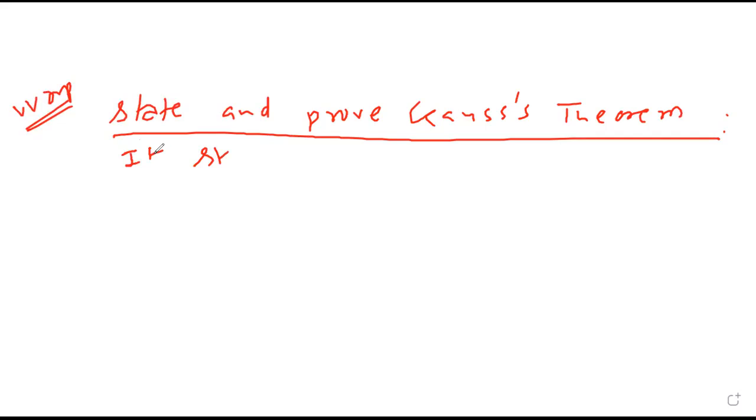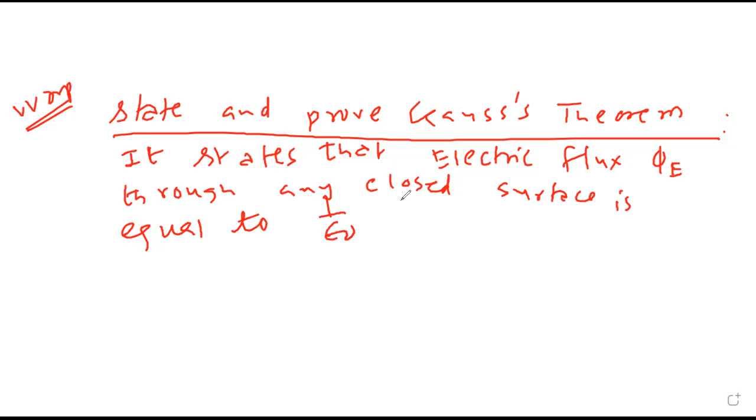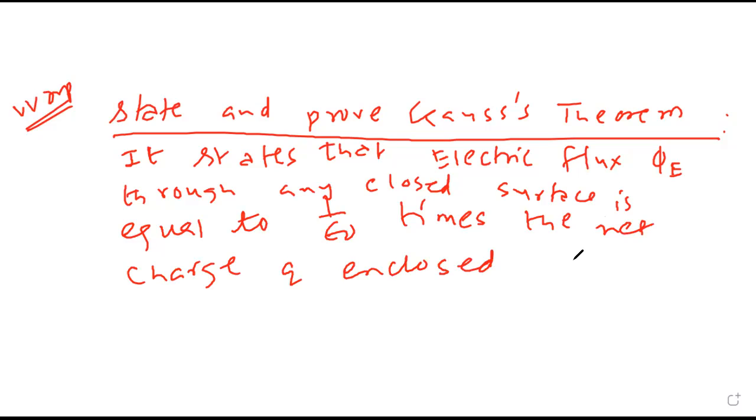It states that electric flux phi E through any closed surface is equal to 1 upon epsilon 0 times the net charge Q enclosed by that surface.